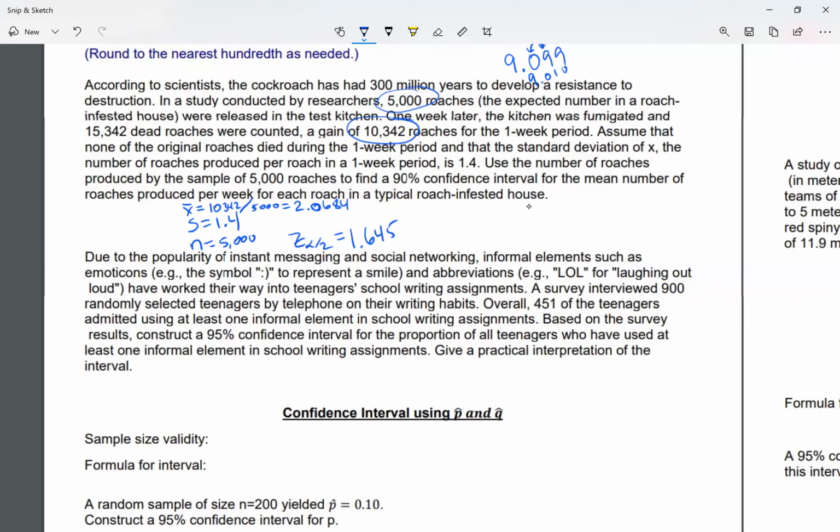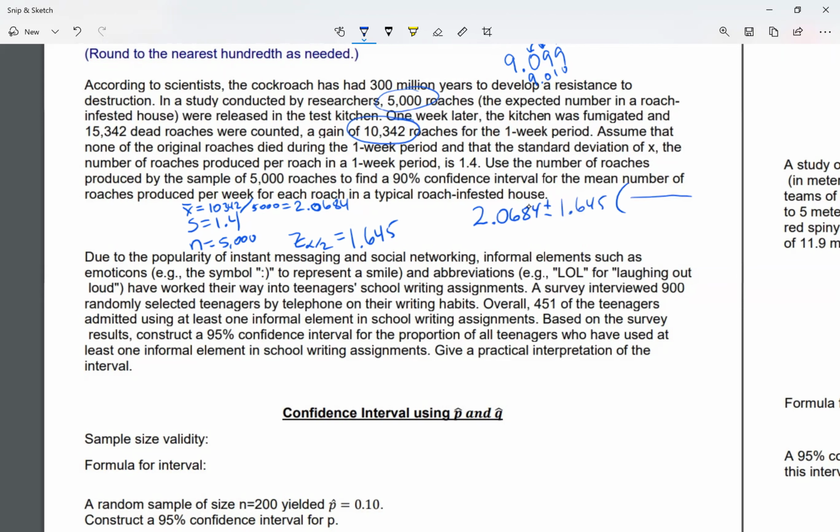So I'm just going to use my formula. I remember my formula. My average in this case is 2.0684, plus or minus, according to my information here, my C-score for a 90% interval is 1.645.